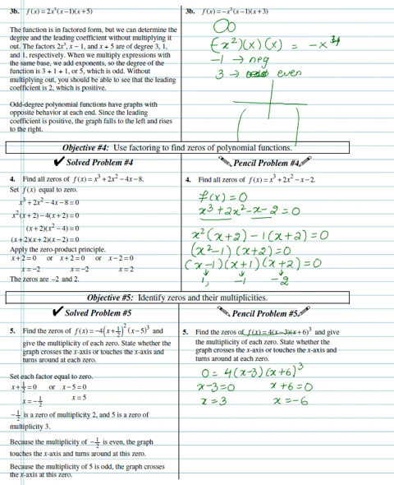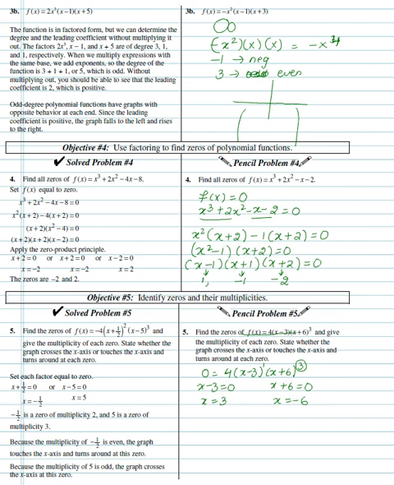And here 3 has a multiplicity of 1 and negative 6 has a multiplicity of 3. Because the multiplicity of 3 is 1, which is odd, it simply crosses the x-axis. And the same is the case here.